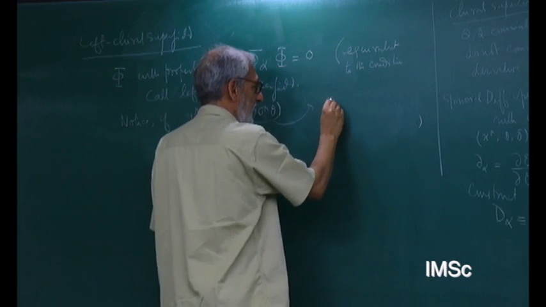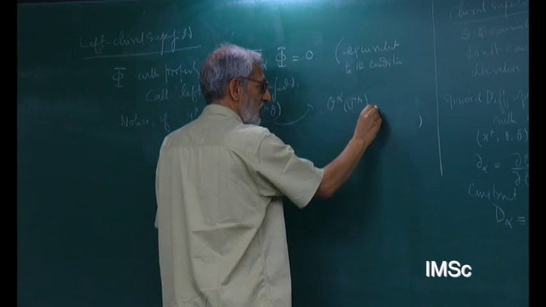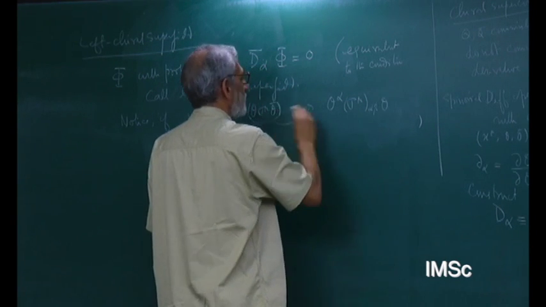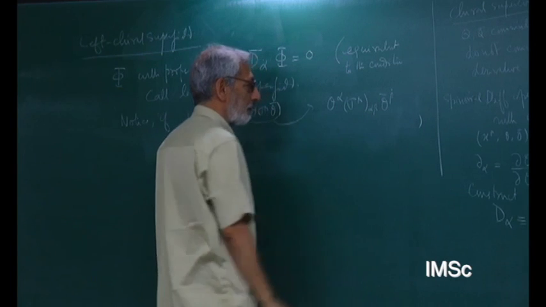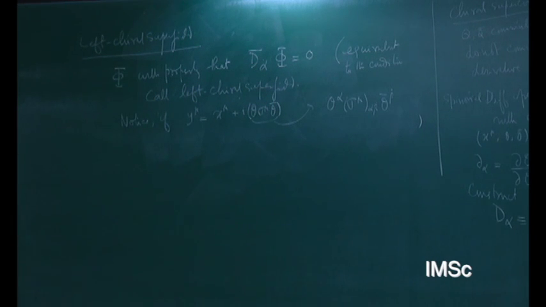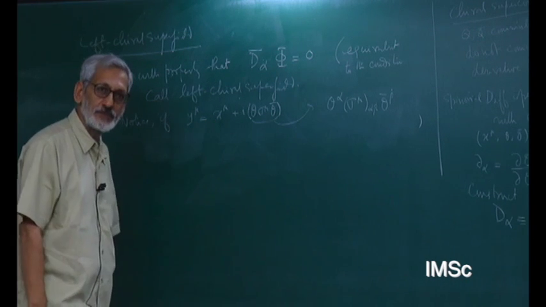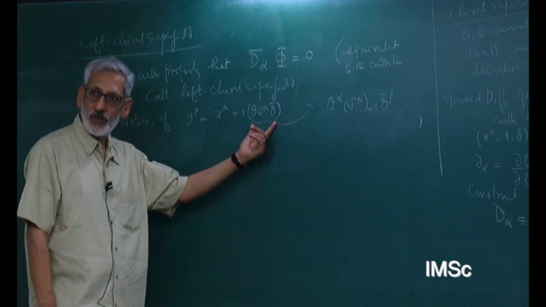This is a shorthand for theta alpha sigma mu alpha beta dot theta bar beta dot. We change the coordinate from x mu to y mu by adding this amount to it.